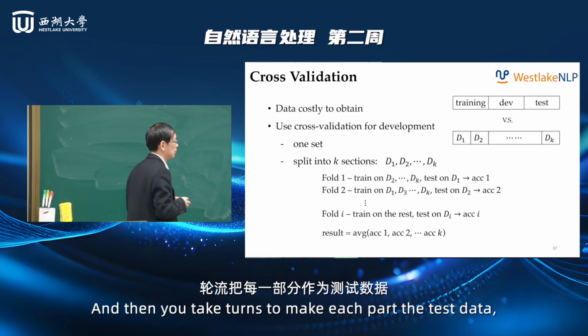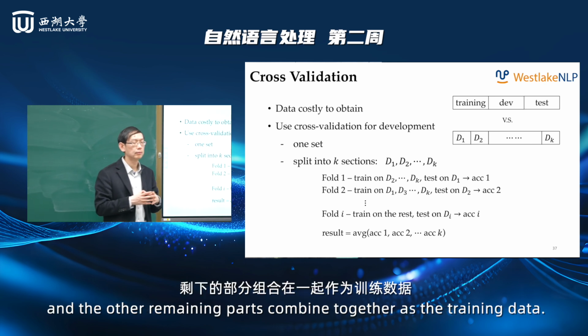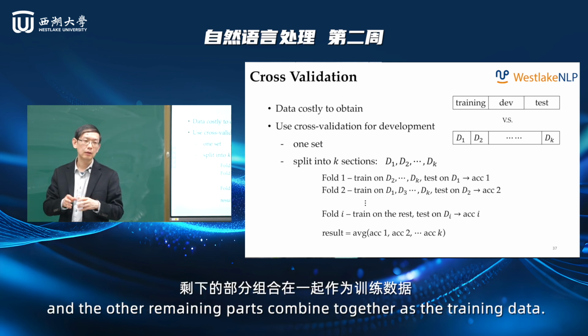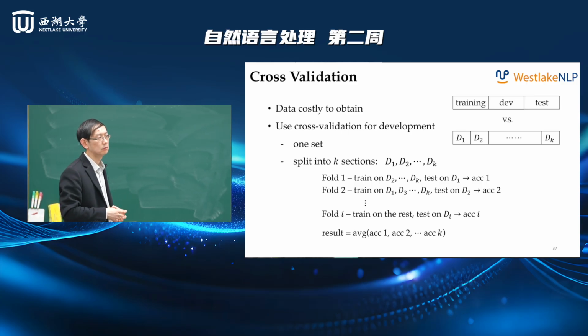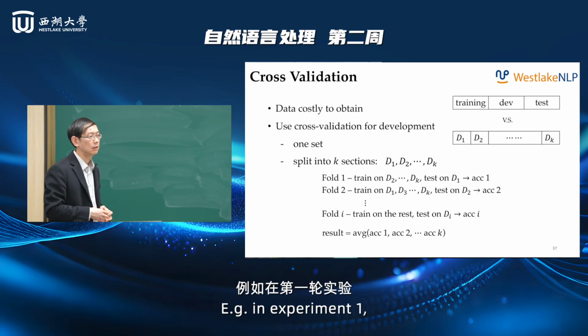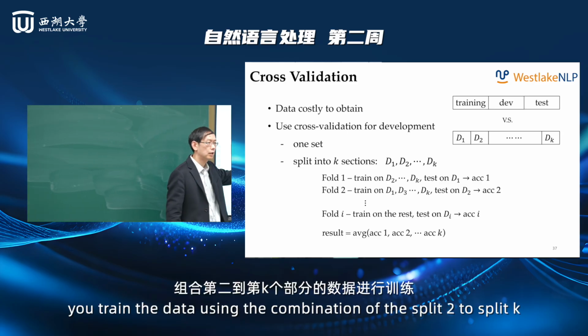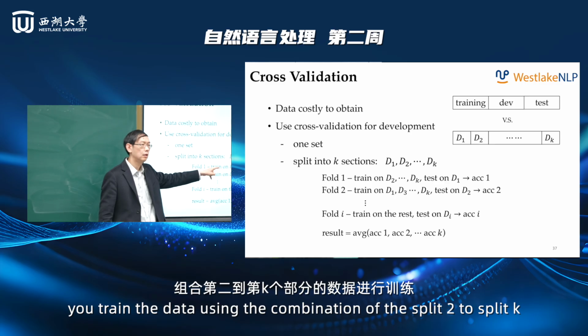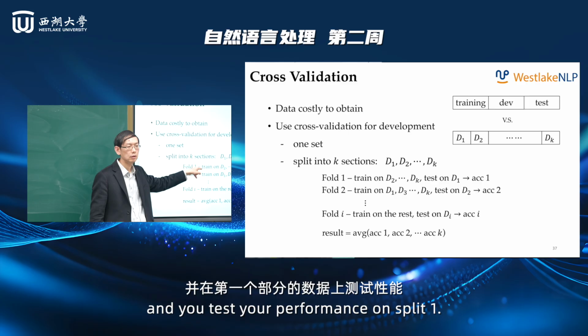Then you take turns to make each part the test data, and the other remaining parts combined together as the training data. For example, in experiment 1, you train the data using the combination of split 2 to split K, and you test your performance on split 1.